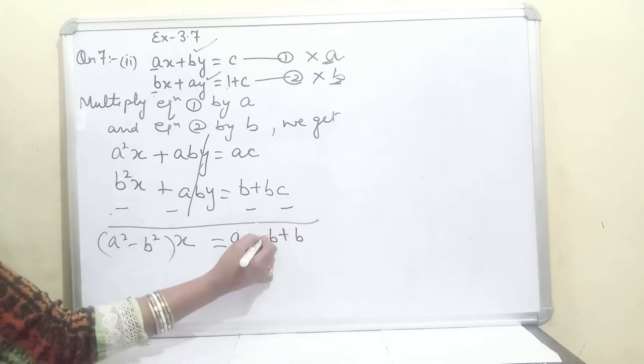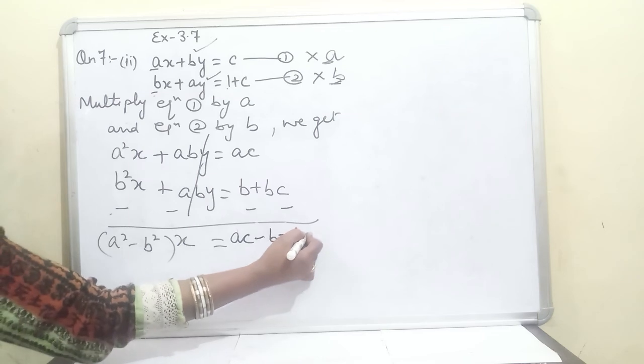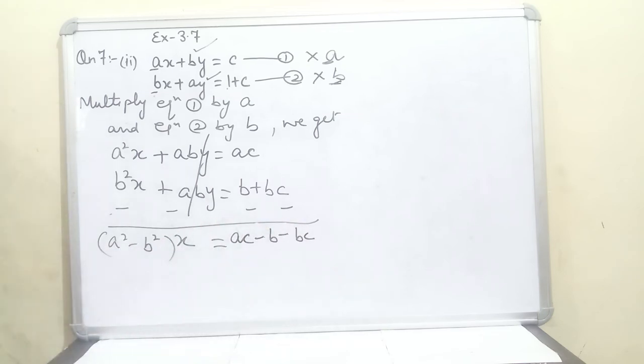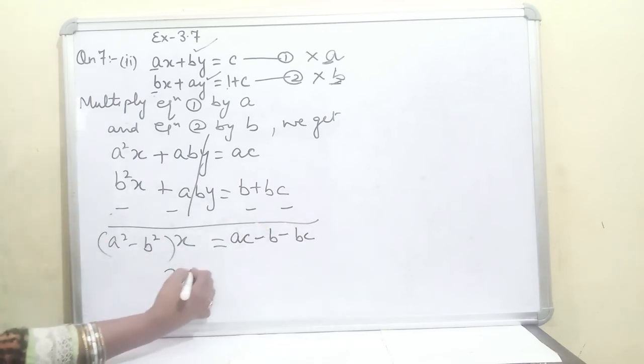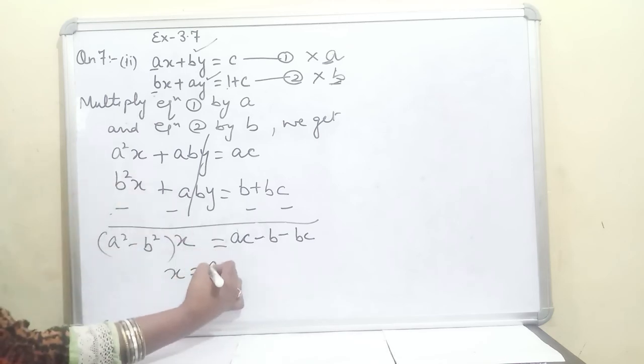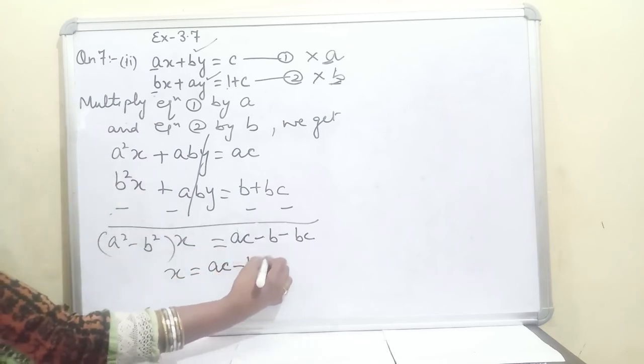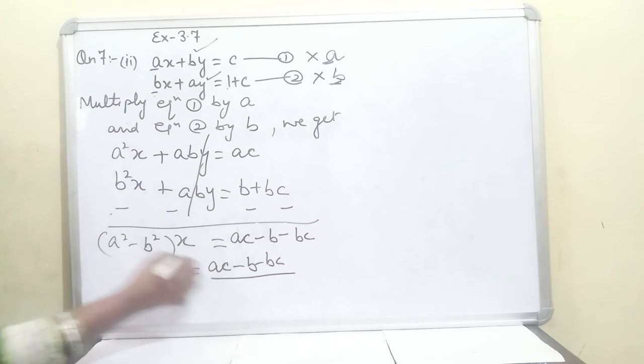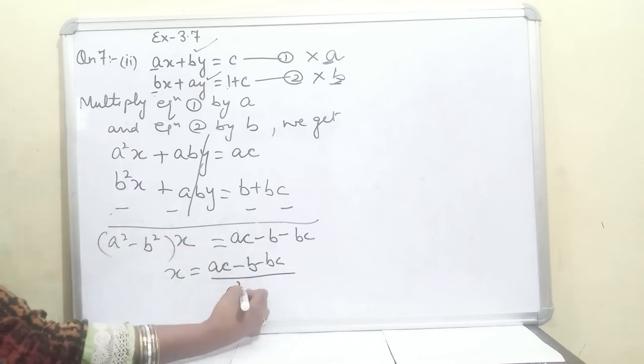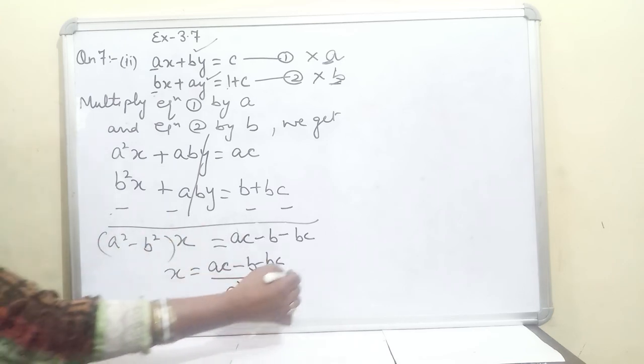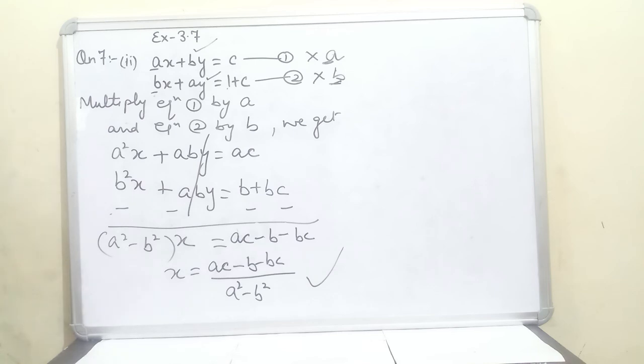Because I want to get the value of x, x will be ac minus b minus bc upon a square minus b square, and this will be the answer for x.